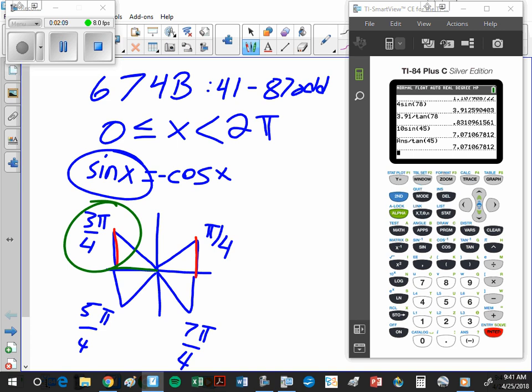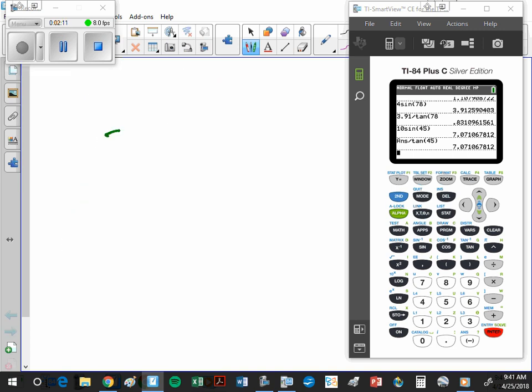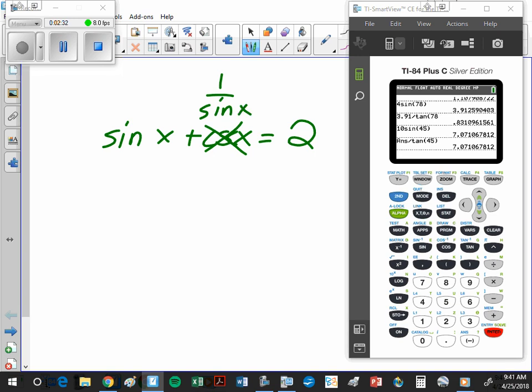Okay. Number 64. The sine of x plus the cosecant of x is equal to 2. What is the cosecant? Well, I'm going to change the cosecant to be 1 over the sine of x. When will the sine plus the 1 over the sine equal 2?